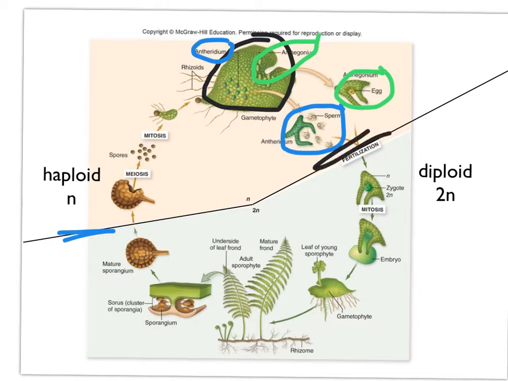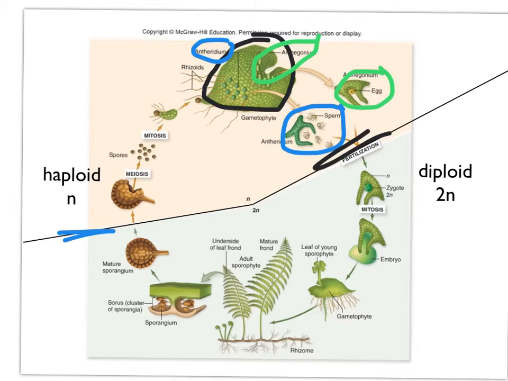And here we have fertilization. So now we've restored a diploid state. We've got a zygote, and the beginnings of an embryo through mitosis. And then finally it produces the sporophyte.